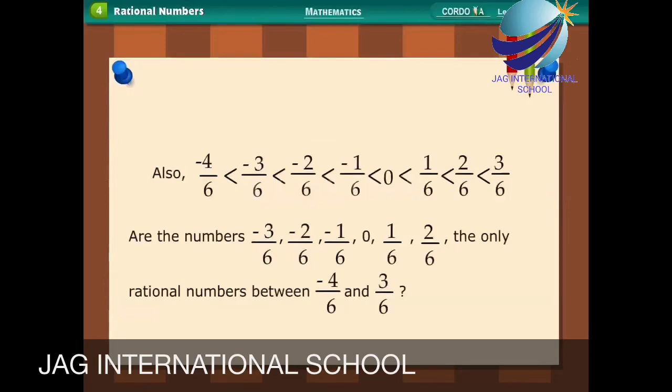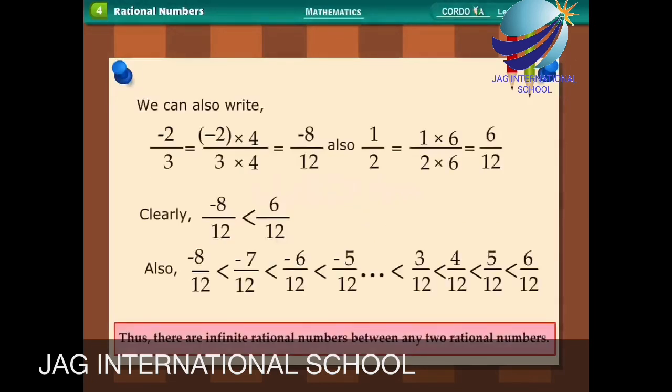Also, minus 4 upon 6 is less than minus 3 upon 6, less than minus 2 upon 6, less than minus 1 upon 6, less than 0, less than 1 upon 6, less than 2 upon 6, less than 3 upon 6. The numbers minus 3 upon 6, minus 2 upon 6, minus 1 upon 6, 0, 1 upon 6, 2 upon 6 are the only rational numbers between minus 4 upon 6 and 3 upon 6.